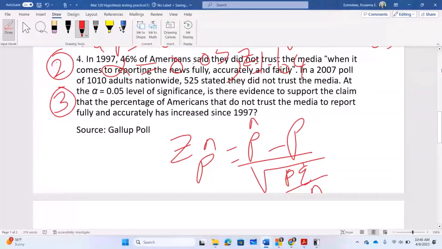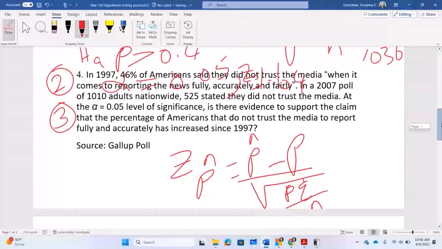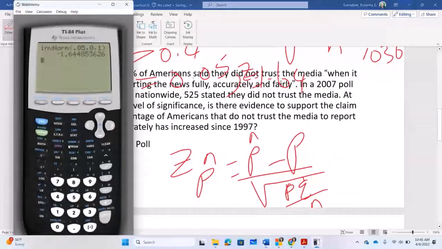So let me show you how to do it in less than 5 minutes using your calculator. Because I'm expected to show you how to use your calculator and how to do it without a calculator. So where do we go? In hypothesis testing and confidence interval, you go to STAT.